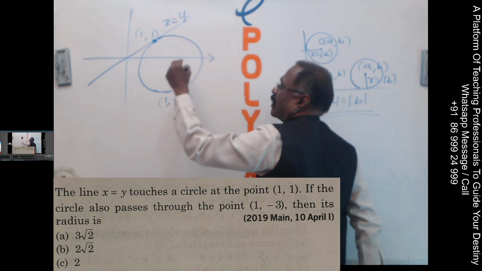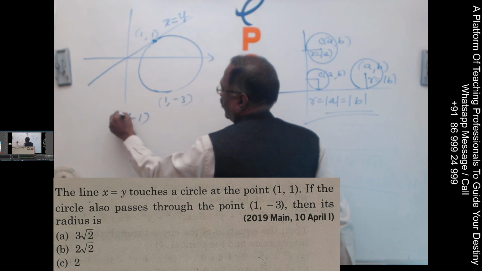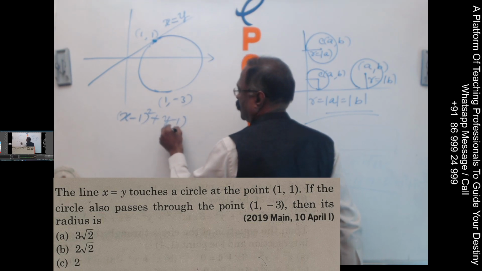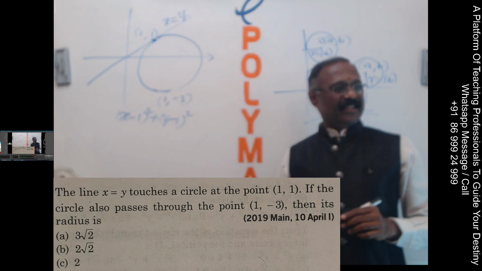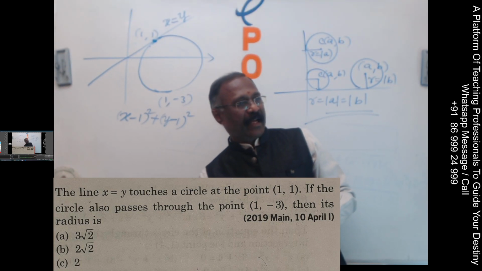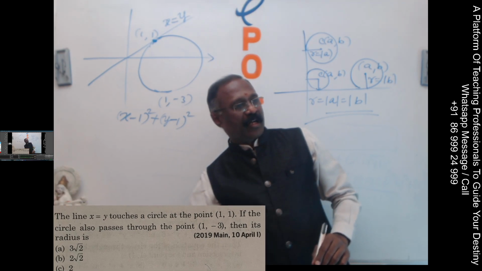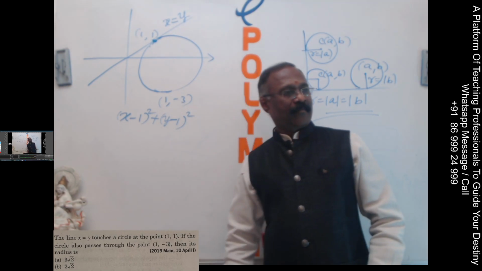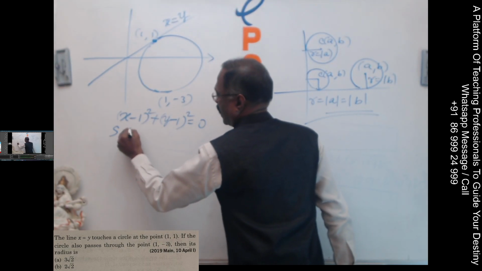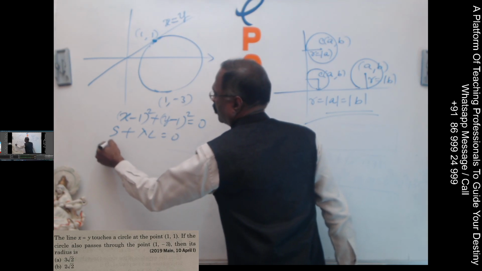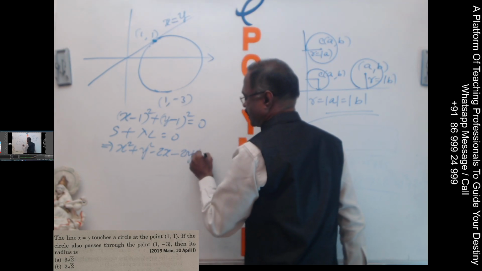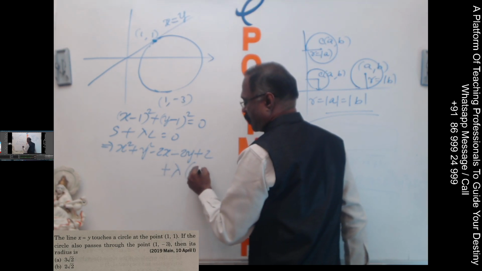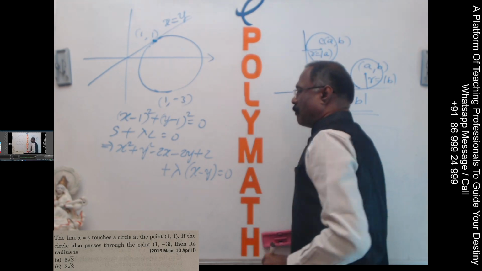Now I'm writing the equation of the circle: (x minus 1) whole square plus (y minus 1) whole square is equal to 0, because it is a point circle. Now, what is the tangent equation? x equal to y, it is given. So S plus lambda L equal to 0 implies x square plus y square minus 2x minus 2y plus 2 plus lambda into (x minus y) equal to 0.